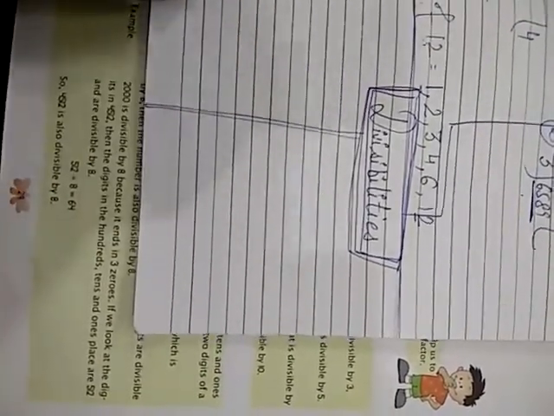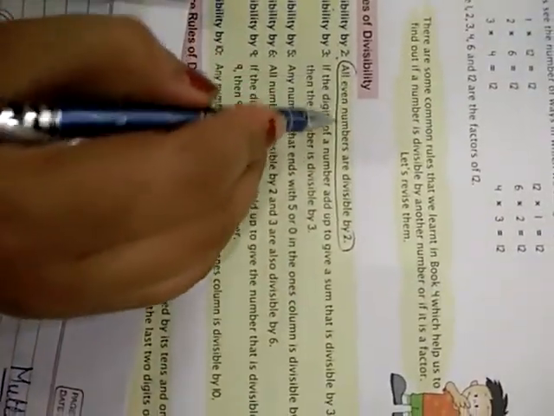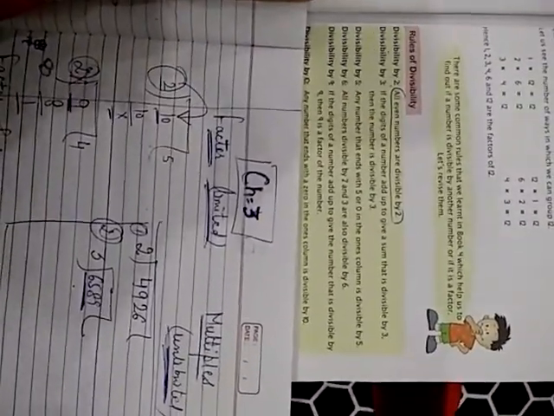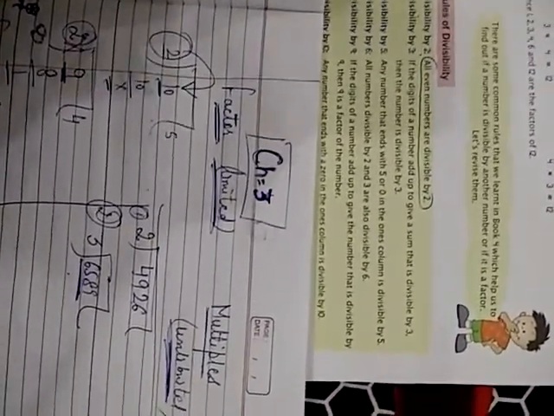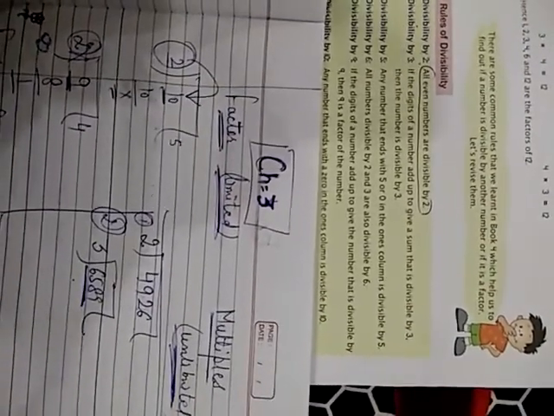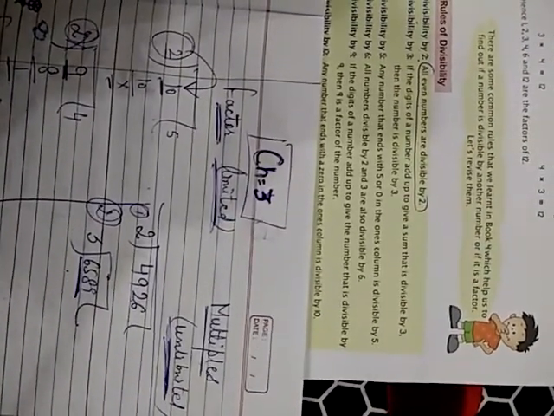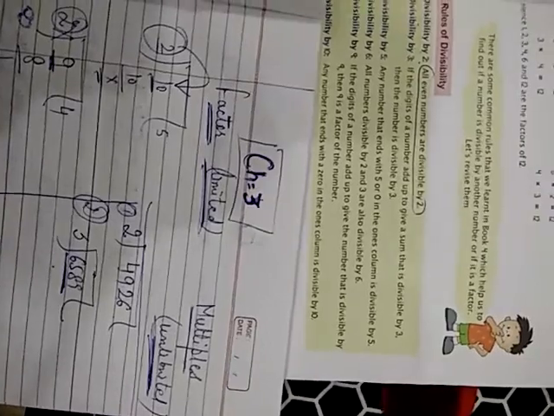First, we'll do divisibility by 2. All even numbers are divisible by 2. It means if the number is even, then that number is divisible by 2, and if the number is odd, then that number is not divisible by 2.